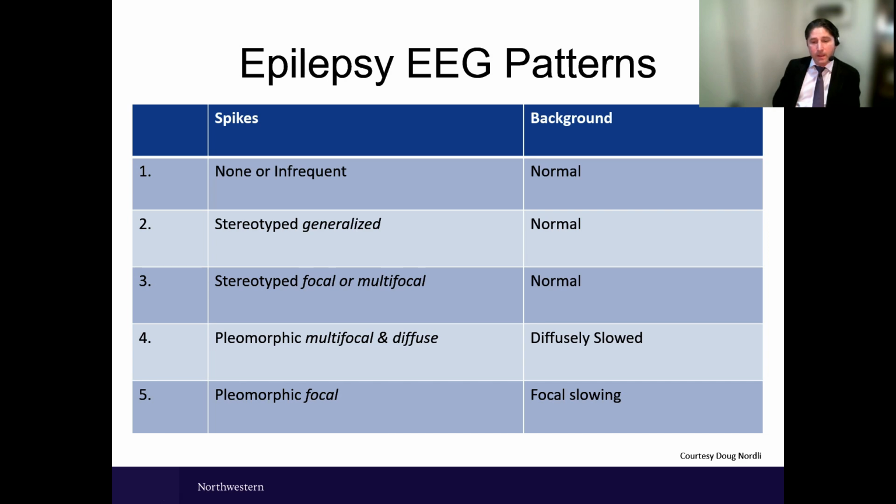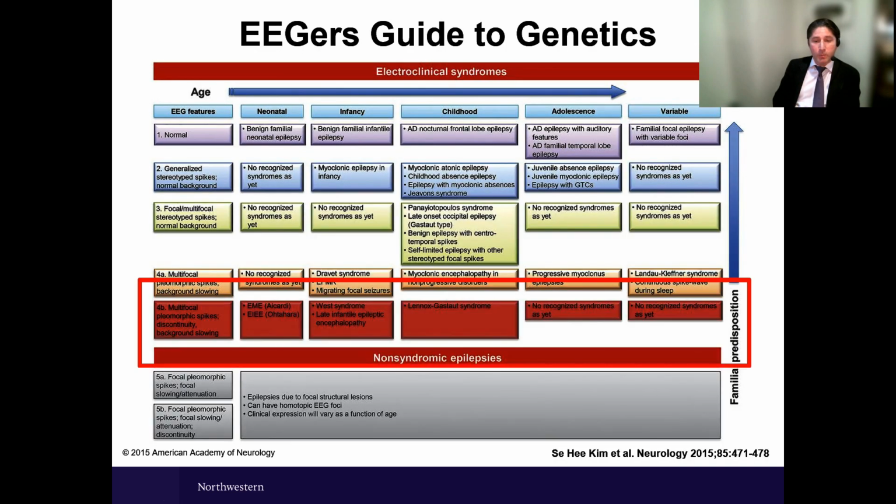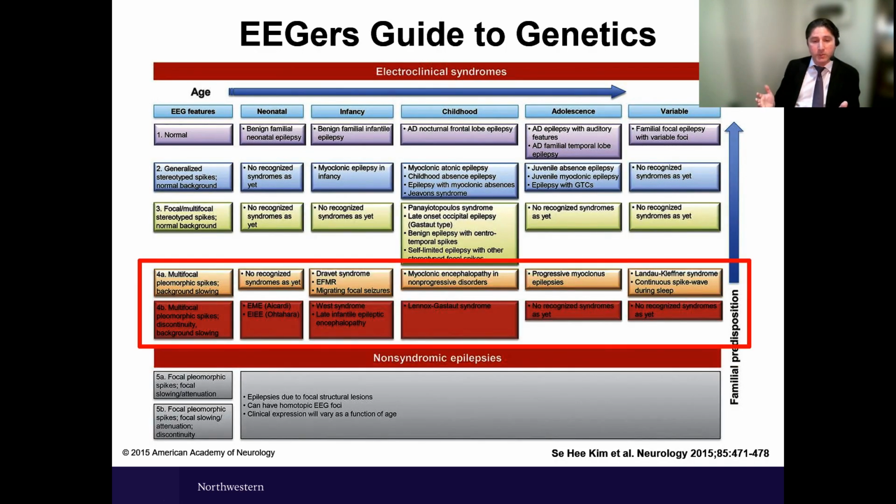And this is a system that was developed by Doug Nordley. And we're going to talk mostly about group 4, and put on a different backdrop here is group 4 again, but also looking at the epilepsy syndromes that are described by our International League Against Epilepsy, and the age of onset: neonatal, infant, child, adolescence, and variable.